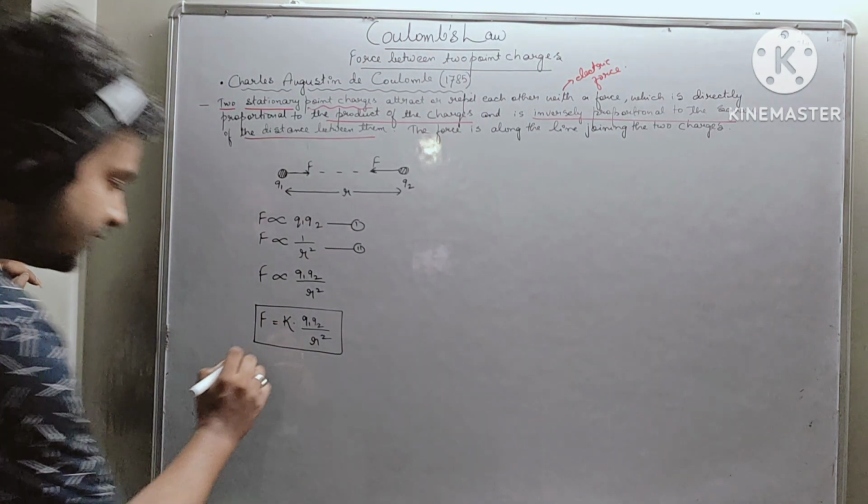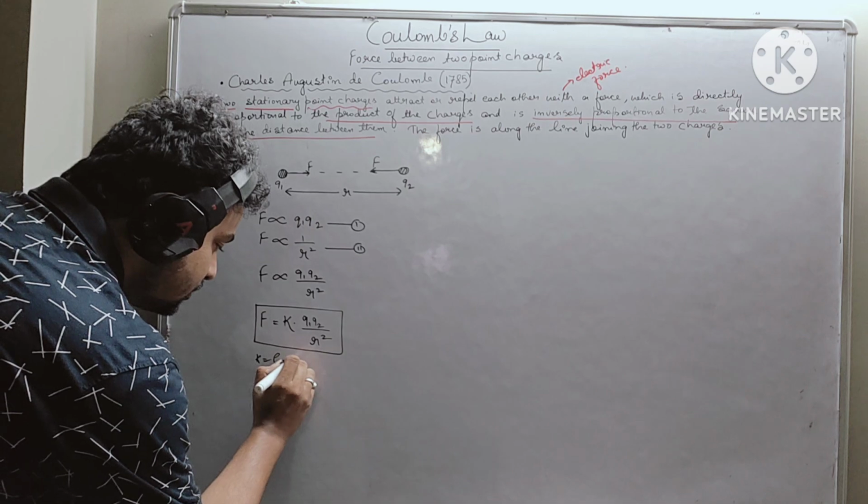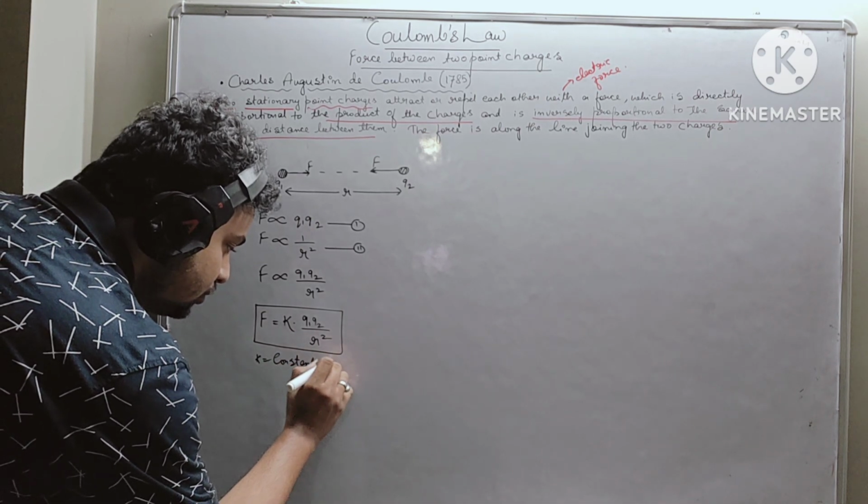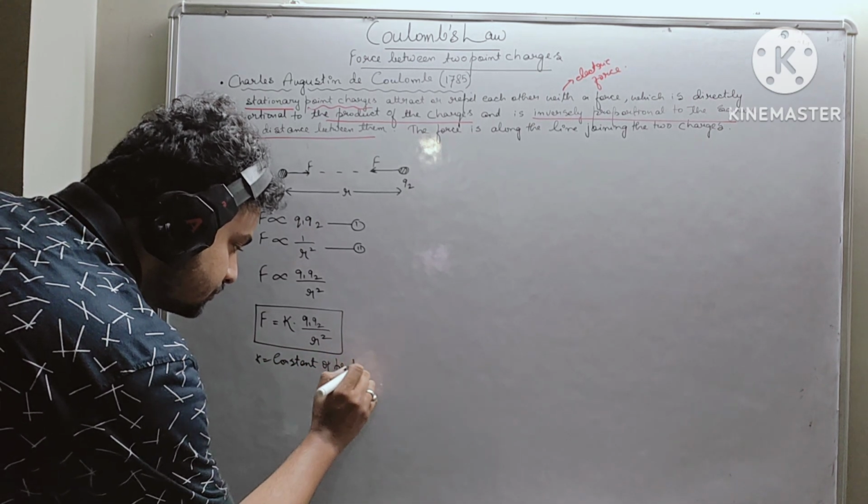Now what is K? This is the constant of proportionality.